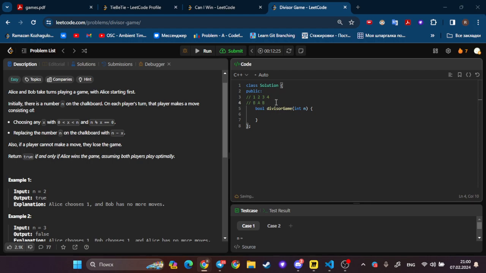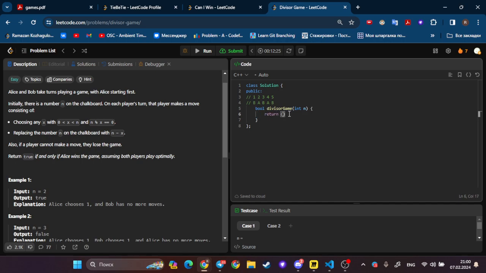Bob always wins if n mod 2 gives you a value of 1, and Alice wins if n mod 2 gives you a value of 0. It's great, but you have to prove it. Why is it true?